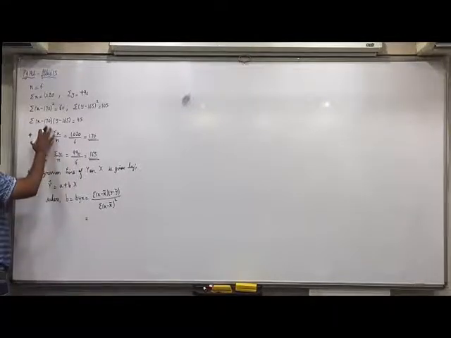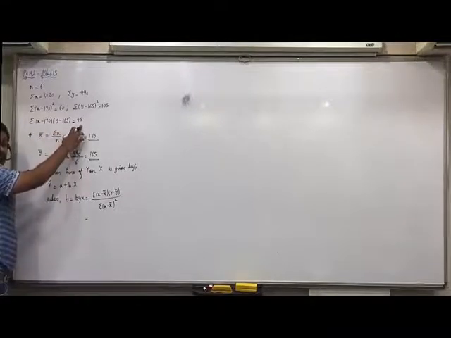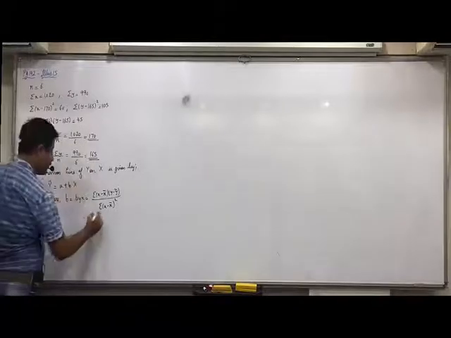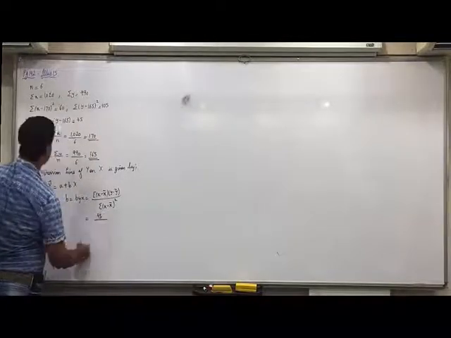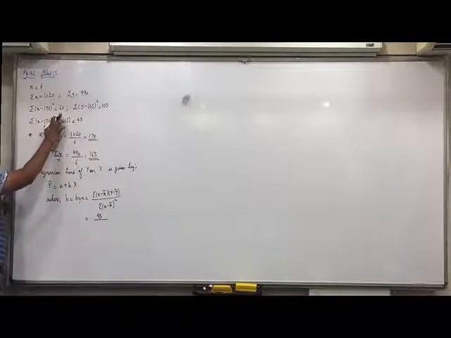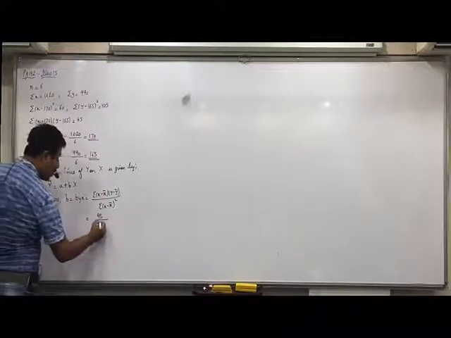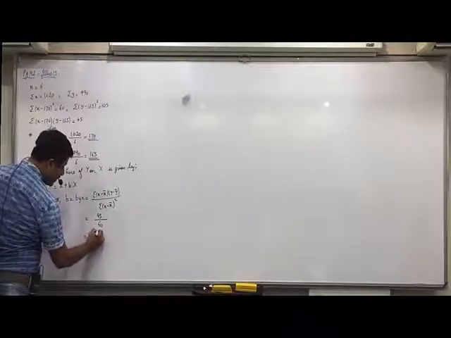Now sigma x minus x bar into y minus y bar is 45. Are you all clear with this? Upon sigma x minus x bar whole square is 60. All are clear with this? 0.75.